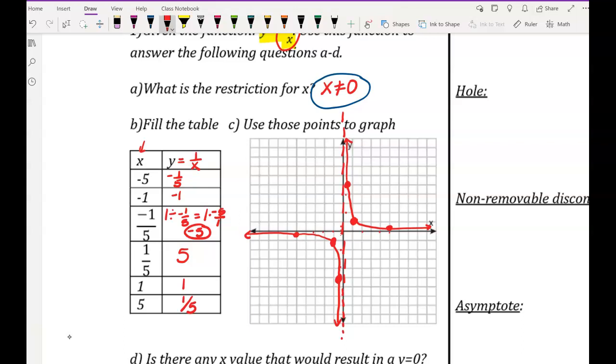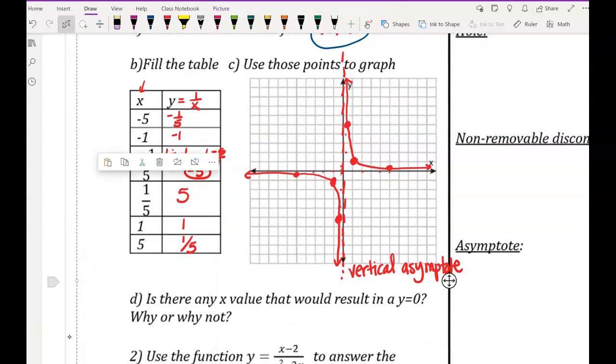So that's a vertical line because it's up and down. So this is what we call a vertical asymptote.